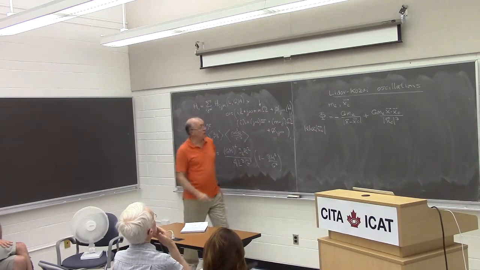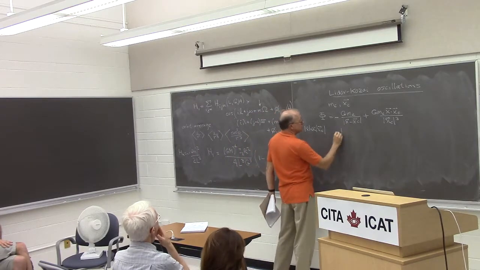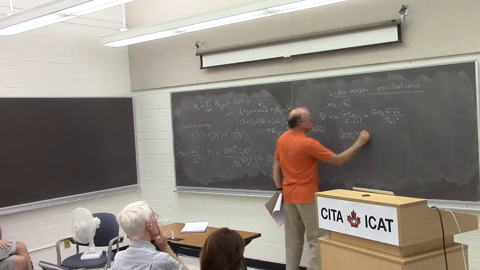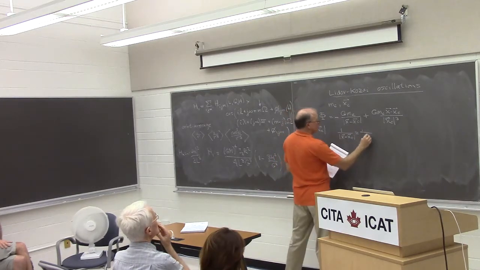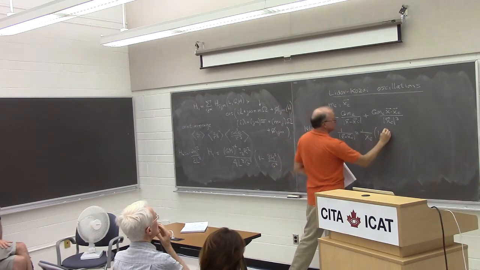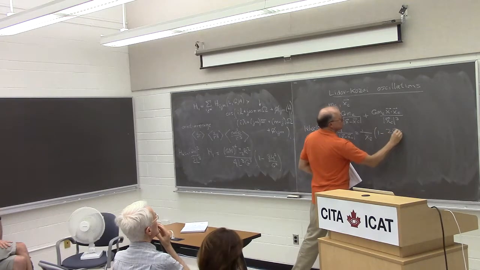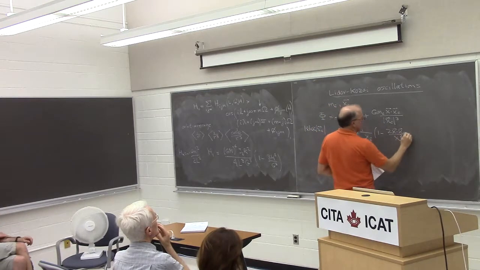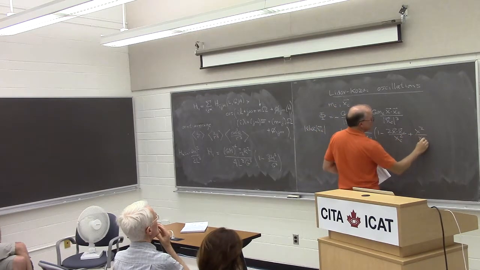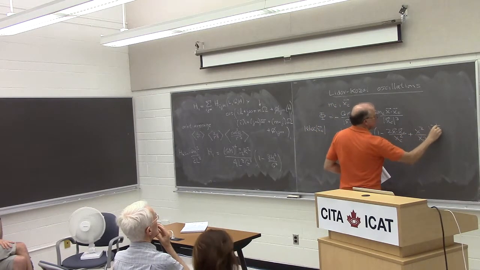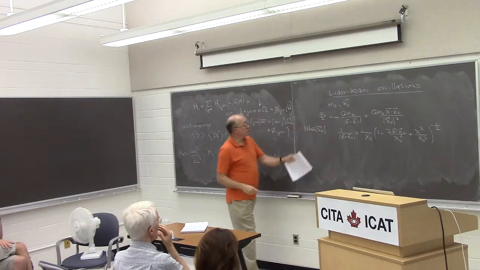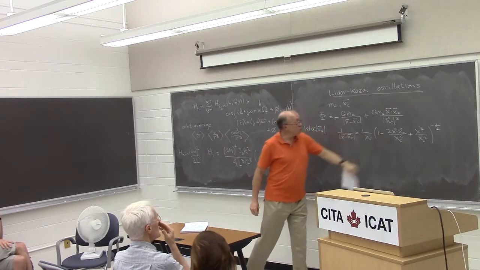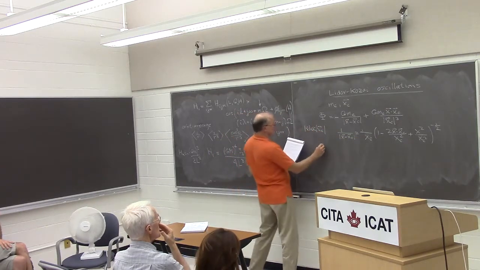That means I can expand this as 1 over |x minus x_c|, which is 1 over x_c, times 1 minus 2 x dotted with x_c over x_c squared, plus x squared over x_c squared, to the minus a half. Again, because we're talking about a large x_c, you can simply do a Taylor expansion of that.